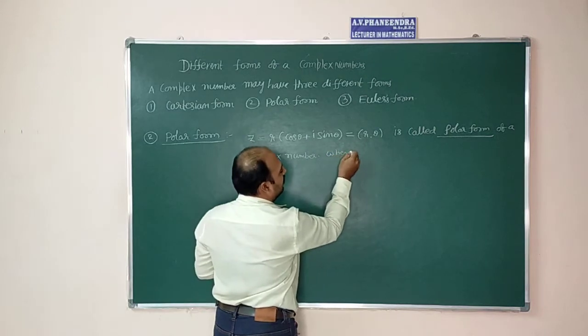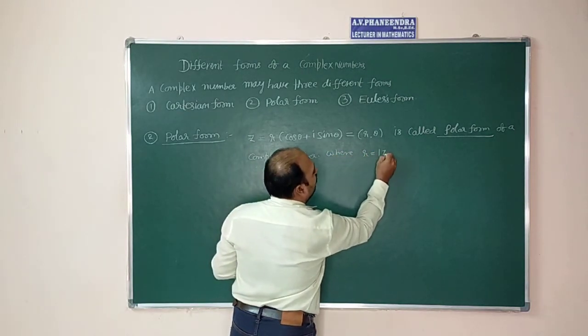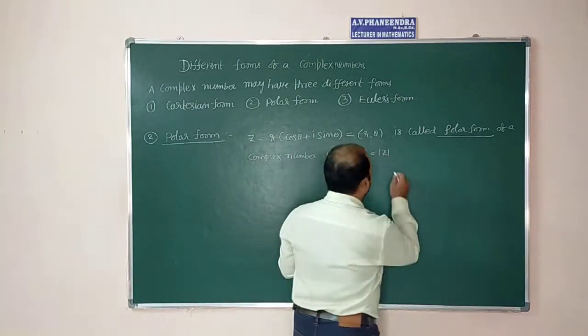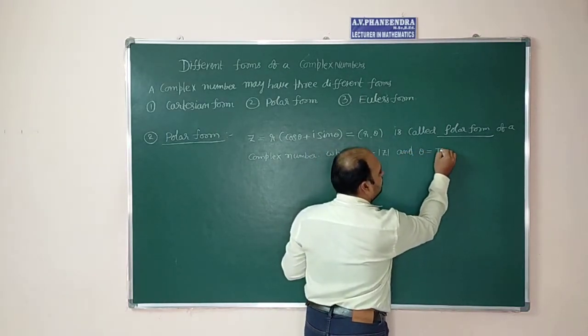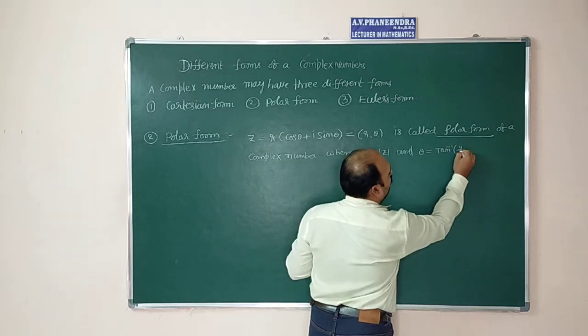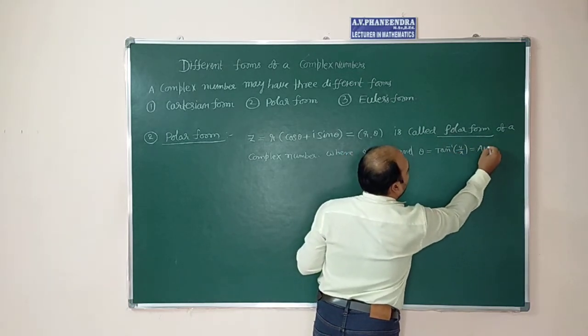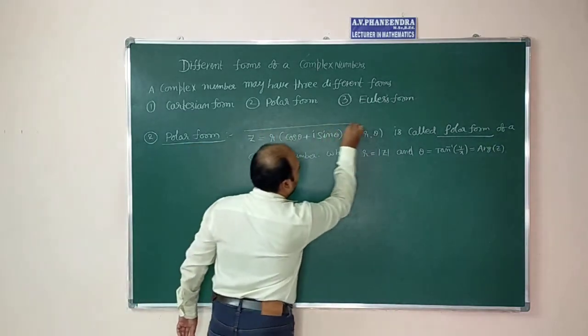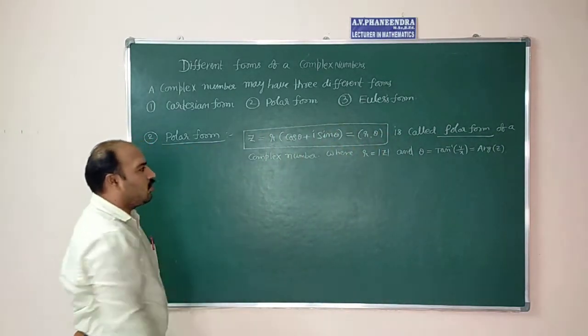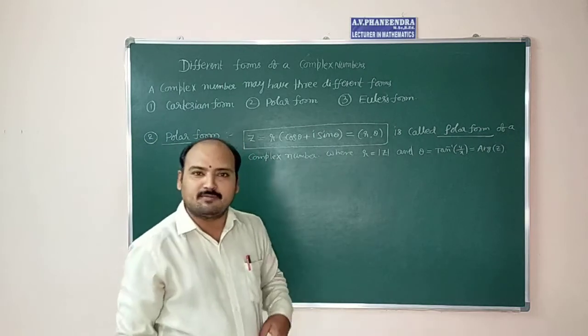Where r is equal to modulus of z and theta is tan inverse of y by x, or argument of z. This form is called the polar form of the complex number.